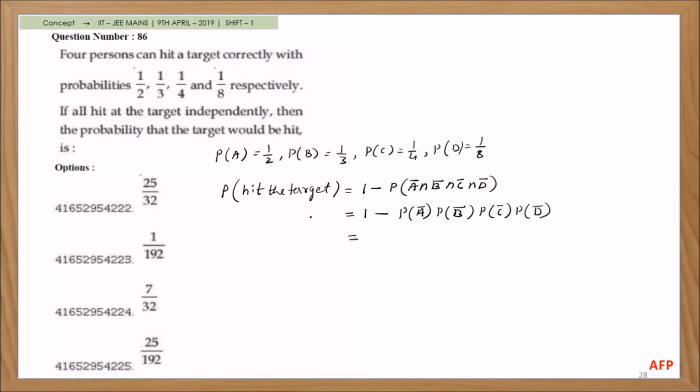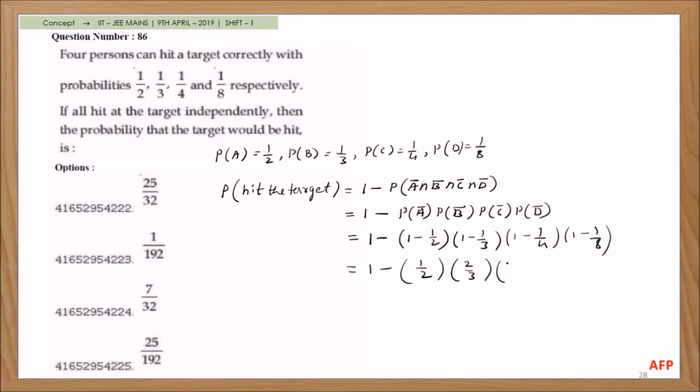So you can find from this 1 minus (1 minus 1 by 2)(1 minus 1 by 3)(1 minus 1 by 4)(1 minus 1 by 8), which is 1 minus 1 by 2, 2 by 3, 3 by 4, 7 by 8 you got.